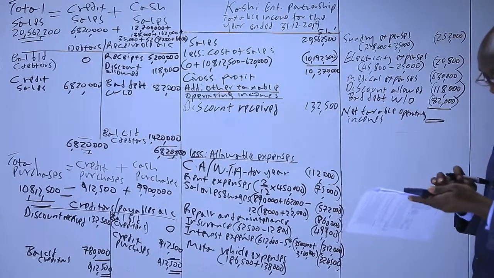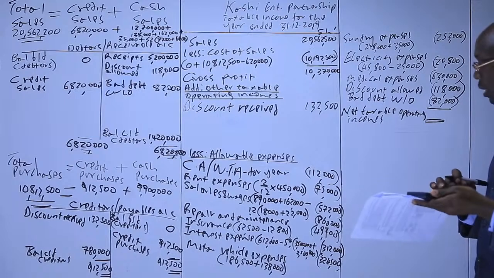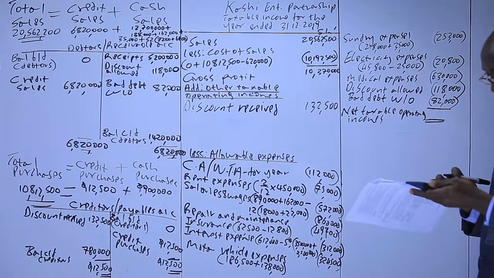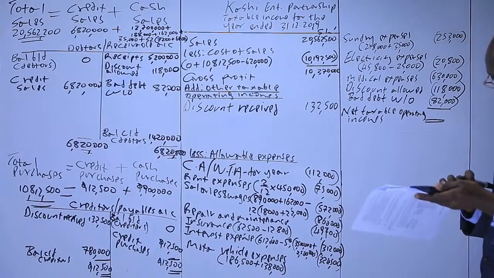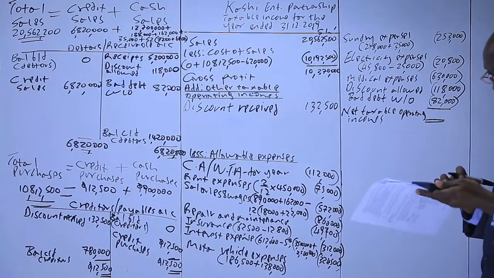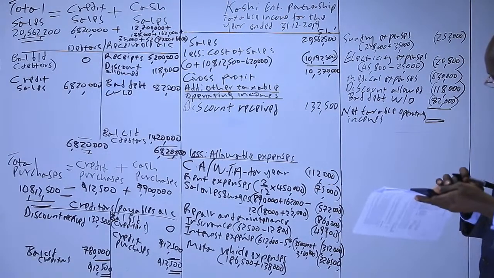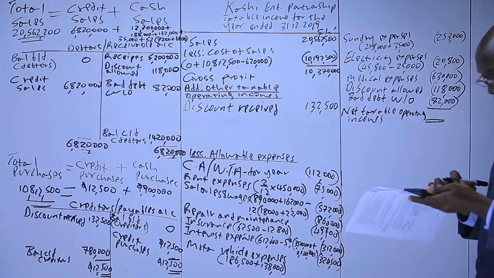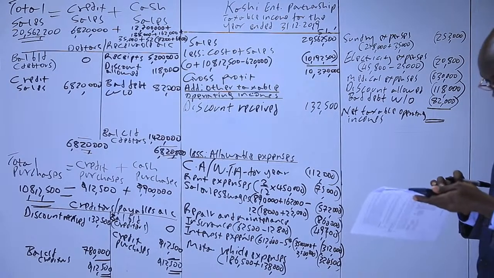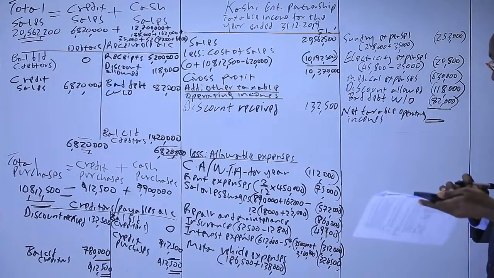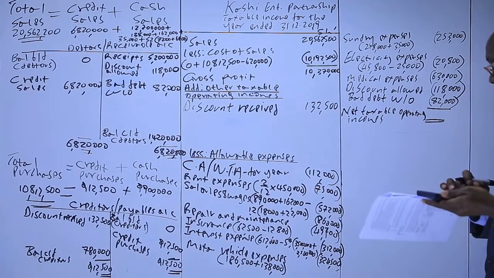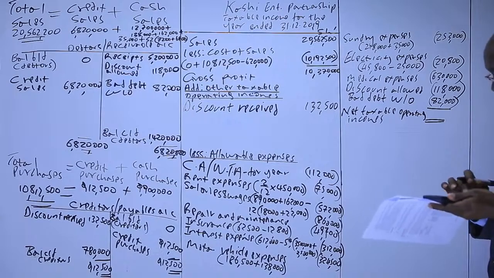So we start with the 10. There is 70,000 plus 132,500 minus 112,000 minus 75,000 minus 572,000 minus 860 minus 49,700.